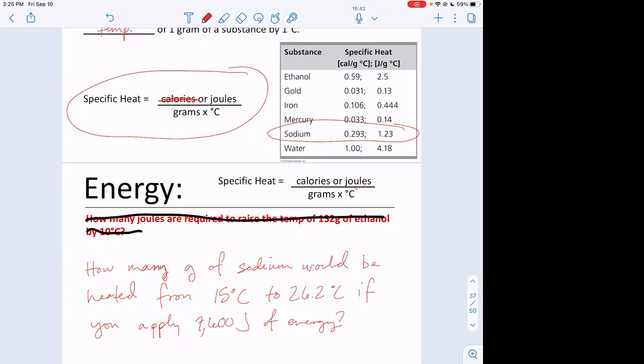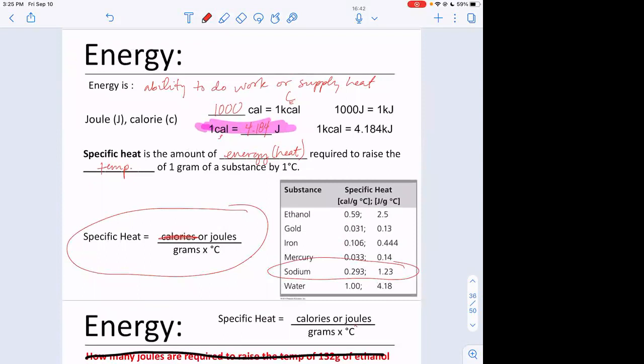What if I got really hard and gave you a specific heat that only had units of calories in it, but in the problem I said you're applying this amount of joules? What would you do? You just convert the joules to calories to make it match your specific heat. Can you convert between calories and joules? Yeah. 1 calorie is 4.184 joules.